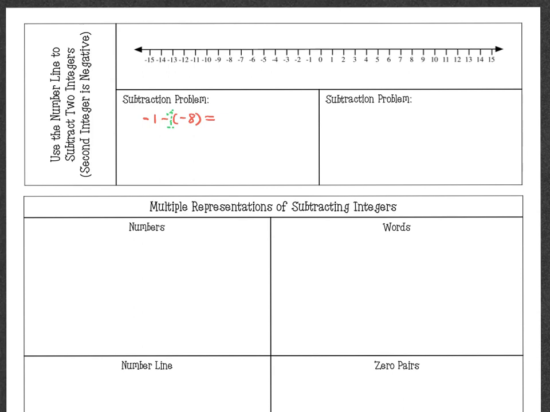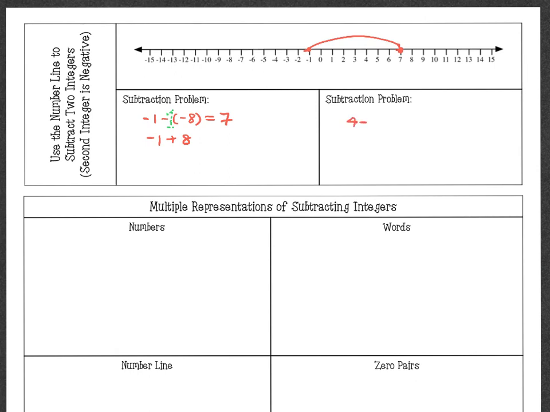A negative 1 times a negative 8 gives me, double negative, a positive. So now I know how to do this. Put my pencil here, and then I jump 8 to the right: 1, 2, 3, 4, 5, 6, 7, 8. So I would jump to 7. That's the final answer.